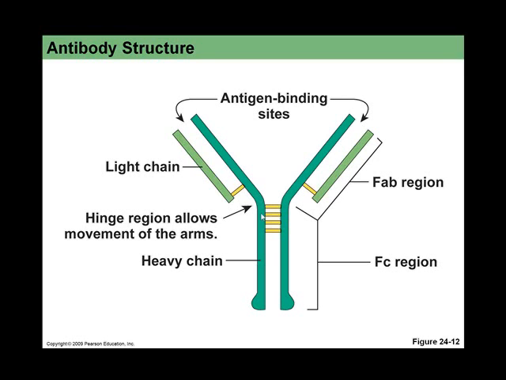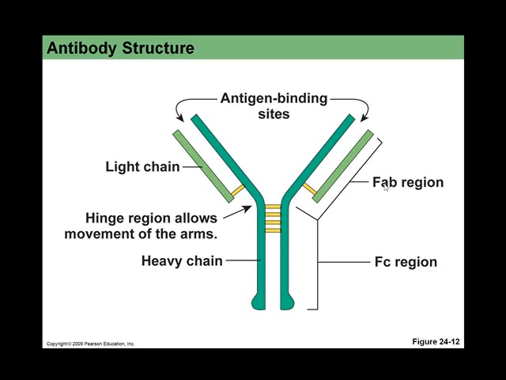And then there's a hinge region where the molecule is actually bent, and at that point we see 1, 2, 3, 4 disulfide bonds holding together the two heavy chains. From that hinge region to the opposite remote end, opposite from the antigen binding site, is called the FC fragment.